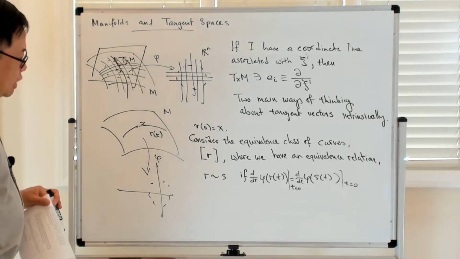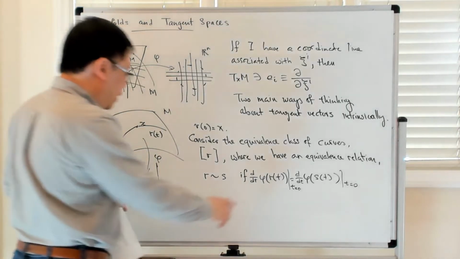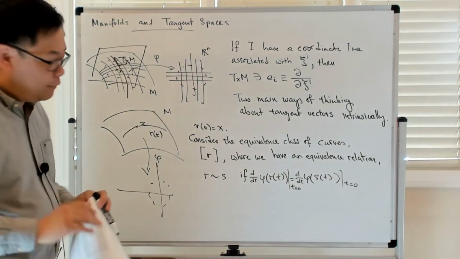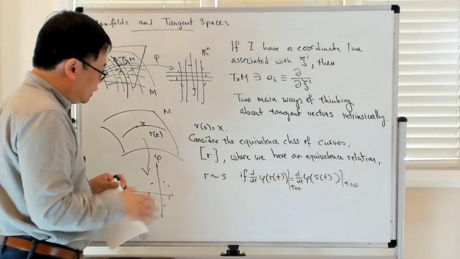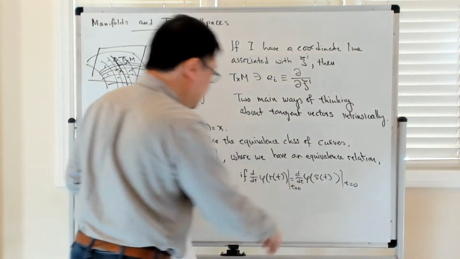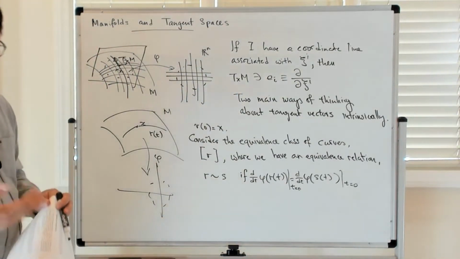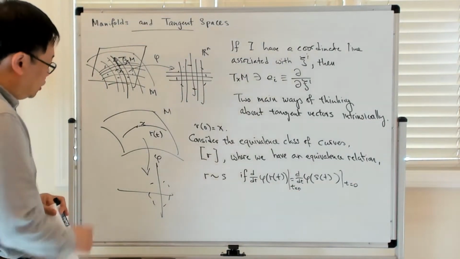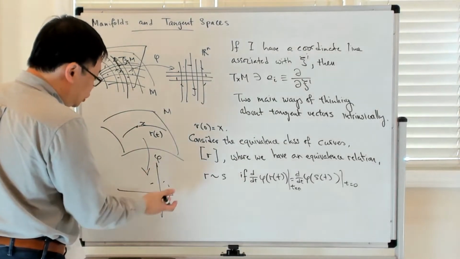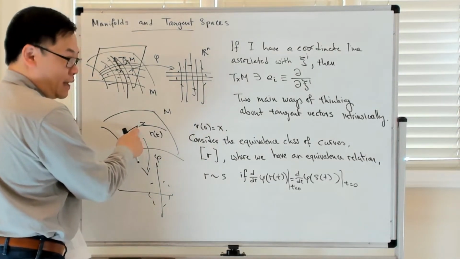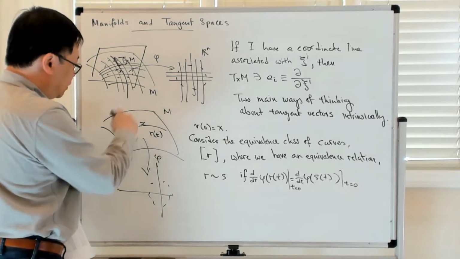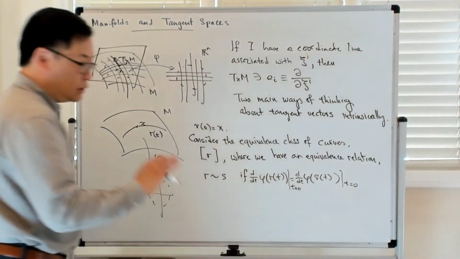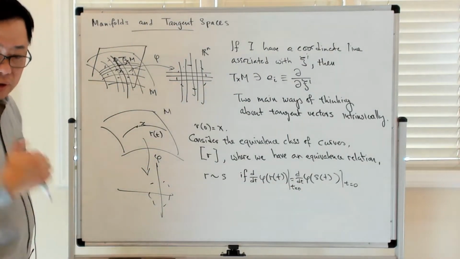Okay, and I should say that whenever you have these definitions which depend on a choice of chart, you have to be very careful. You have to check that this notion of equivalence is independent of the choice of the chart, and it turns out that it is. So if this condition holds and you have a second chart which has the point x as a common point in the domain of definition, then if this equality holds with respect to one chart, it will hold with respect to another chart as well.